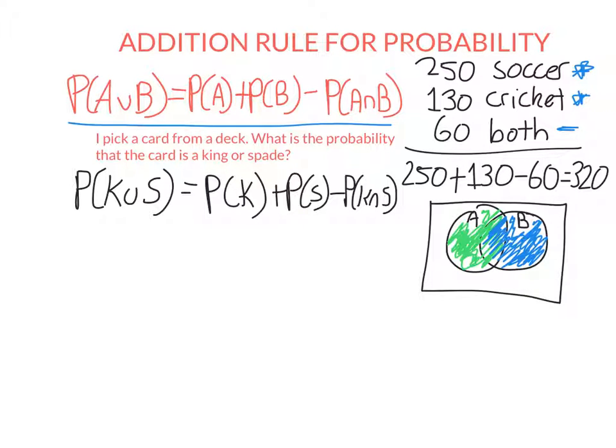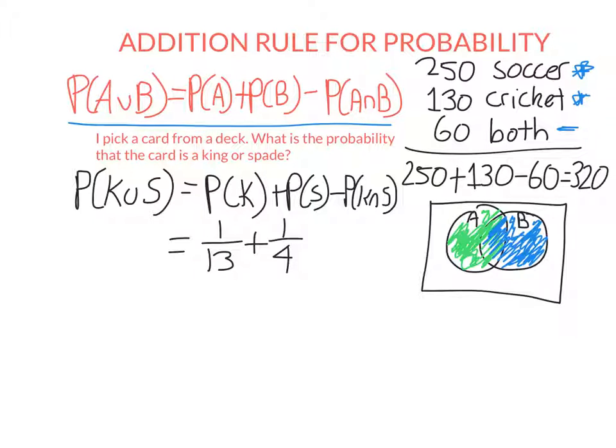The probability I pick a king from a deck: there are 52 cards in total and we have 4 kings. So the probability would be 4 over 52, which is 1 in 13. The probability I get a spade is 1 over 4. But because there are 13 spades, when I was counting them I included the king of spades.